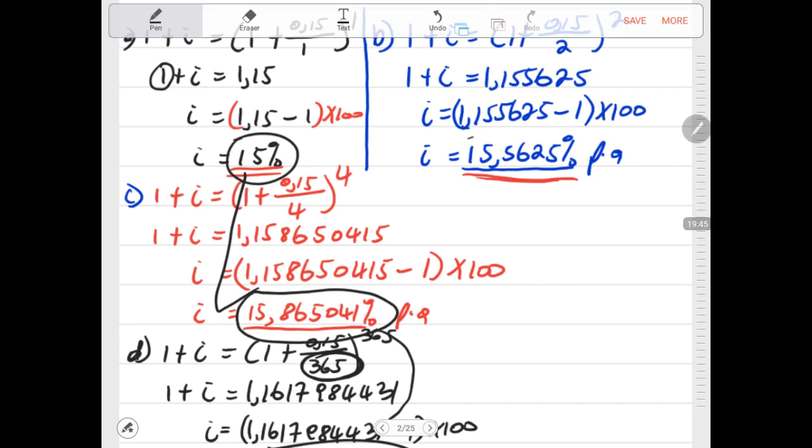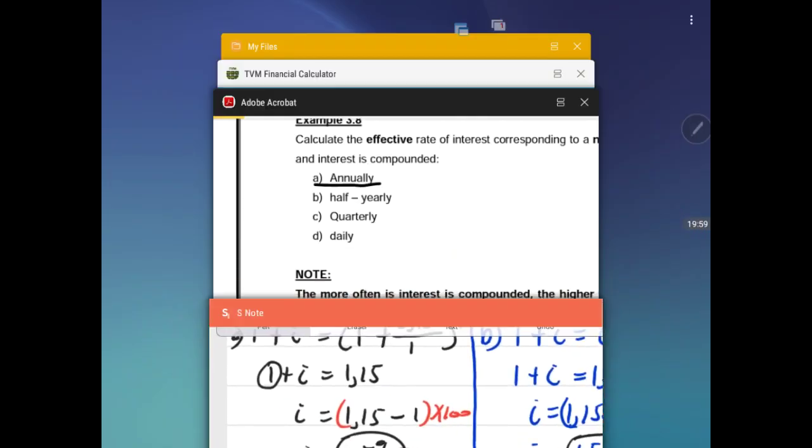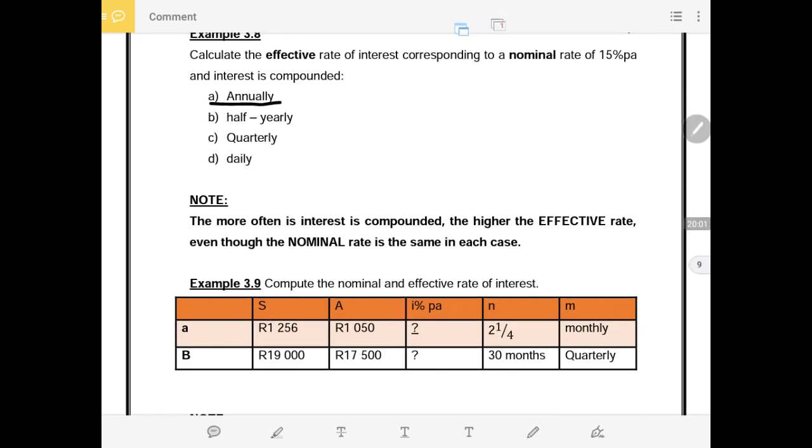And again, when it's compounded half yearly, we could see that it is more than the nominal rate, but less than when it's compounded quarterly, and when it's compounded every day. So this is a very lovely application of the theory, aligning it and applying it in real life.